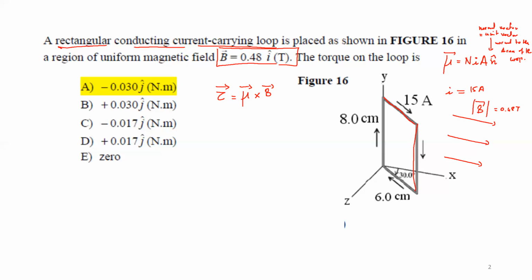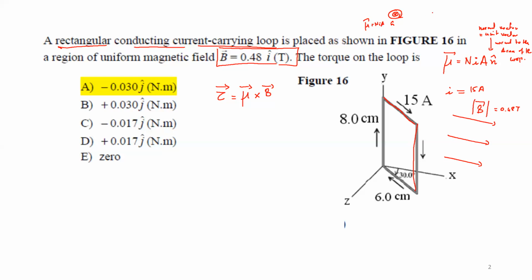That will be determined by the right-hand rule. As I said in class, if the current is going in this direction and you use the right-hand rule, it gives you a normal vector which is in which direction? Inward. So n is inward, so that means mu is inward.